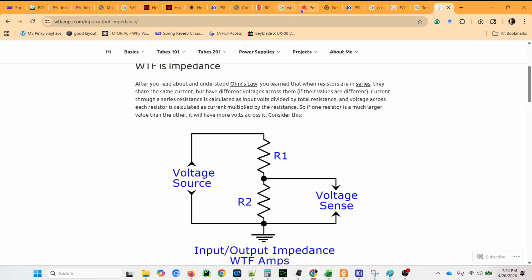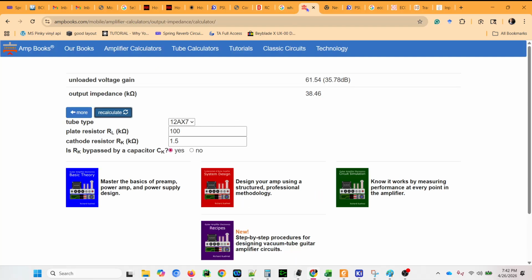For that, there's a calculator, which I love. The calculators on ampbooks.com are really the GOAT for real. I use them all the time and they're really helpful. If you need help with the nitty-gritty math on calculating output impedance and input impedance, I can help you with that. But this is a really good shorthand just to kind of get your hands around the problem.